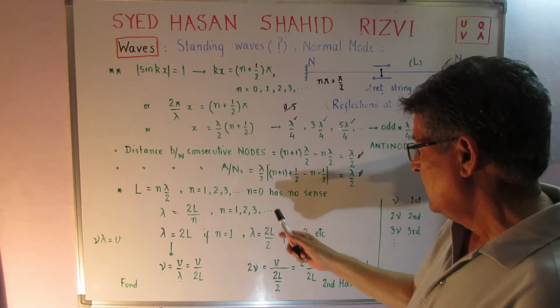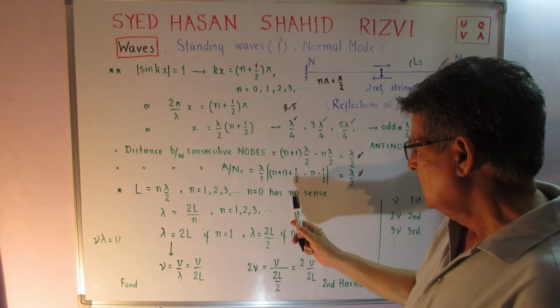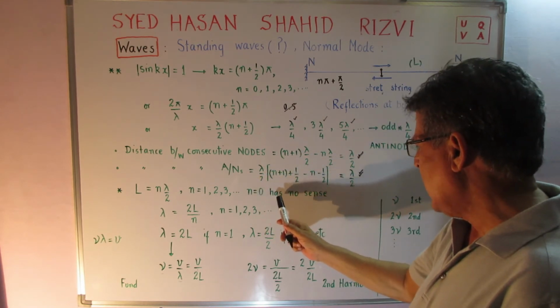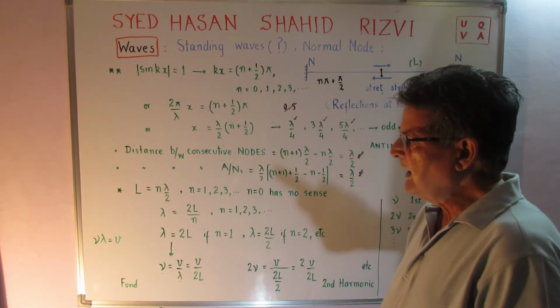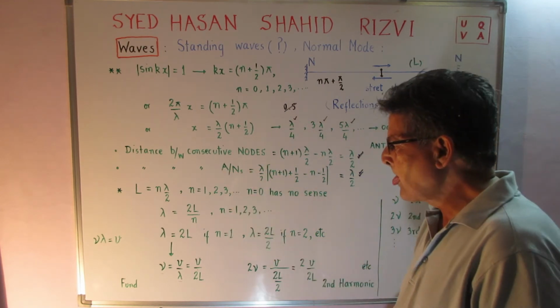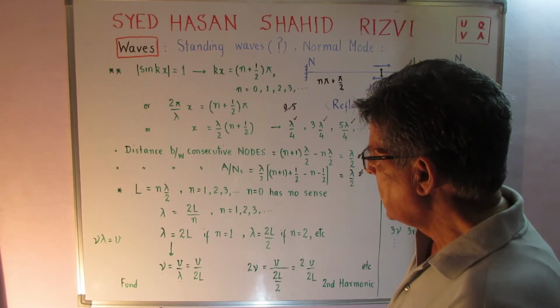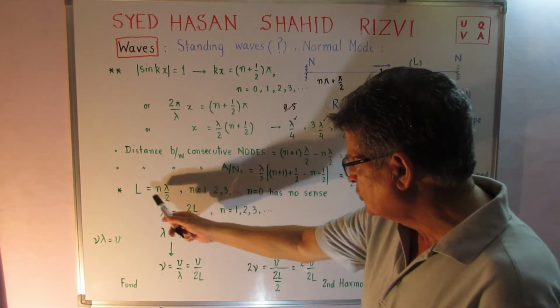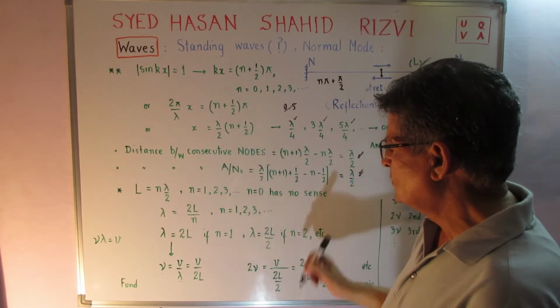I don't say n is equal to 0 is nonsense, but I am saying that n is equal to 0 has no sense. So we take n is equal to 1, 2, 3, etc. Now, I can write lambda is equal to 2L upon n, where n again is 1, 2, 3, 4.